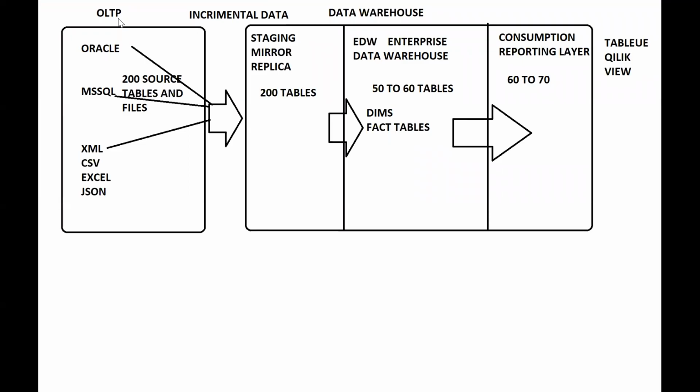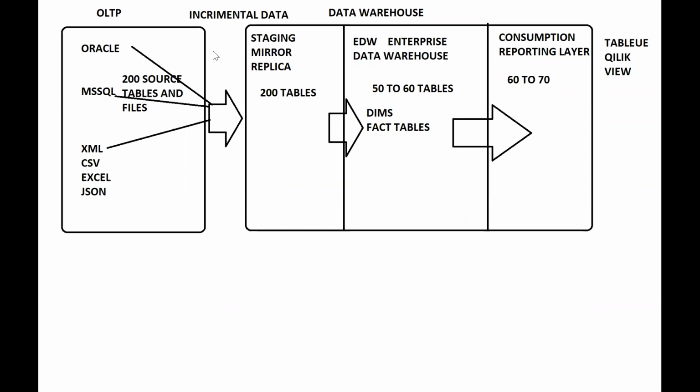Online transactional processing systems. Those who attended the demo can easily understand it. In the first class, the demo class, I explained it, correct? OLTP system, online transactional processing systems. There also you'll be having Oracle, MS SQL, some file systems. The customer can maintain the data in Excel, CSV, XML, JSON. There are some file systems also there. We'll learn it, not an issue.